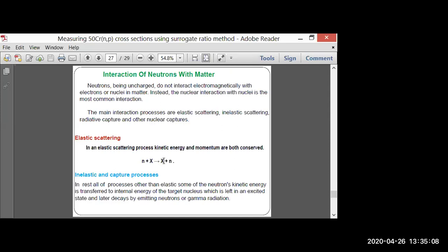In processes other than elastic scattering, there is always a change in the energy of the incident neutron. In elastic scattering there is no loss, and when I say no loss, that means at 0 degree. Except for elastic scattering, every interaction of a neutron will cause energy loss in the incident neutron.